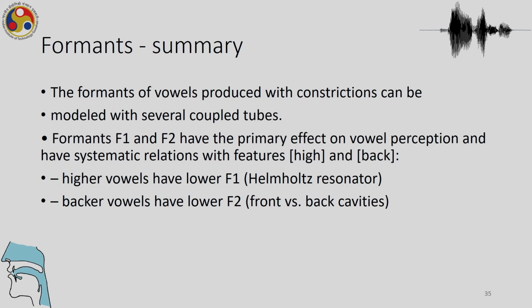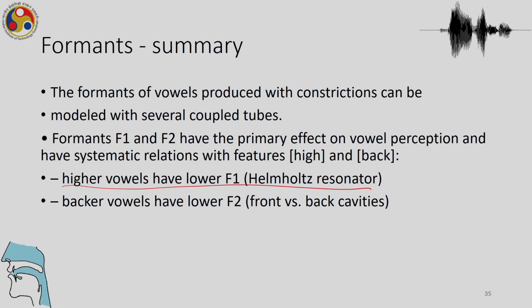Higher vowels have lower F1 and backer vowels have lower F2. So this is the summary of this lecture: why higher vowels have lower F1 and why backer vowels have lower F2 can be predicted with the help of the tube models.